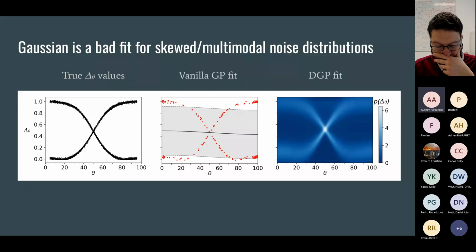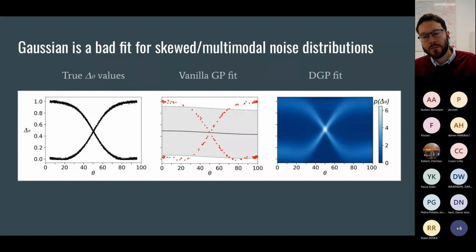One of its benefits is that it is much more flexible, but we lose a lot of very nice properties of the Gaussian process, and it is in general much more difficult to work with deep Gaussian process.